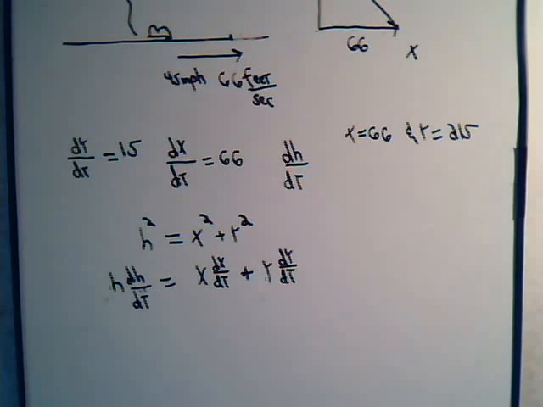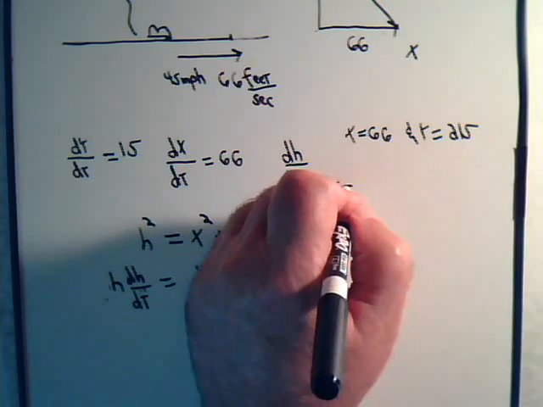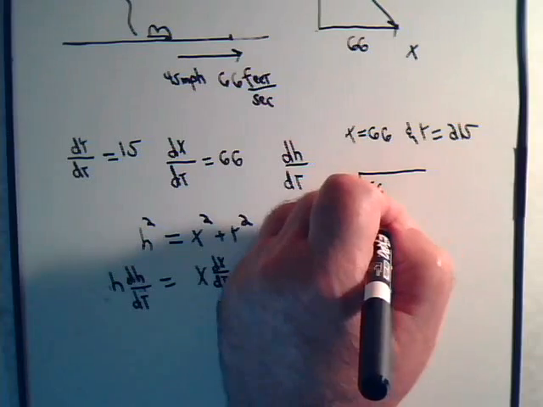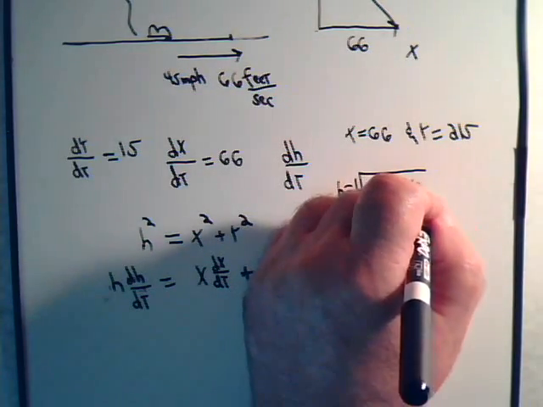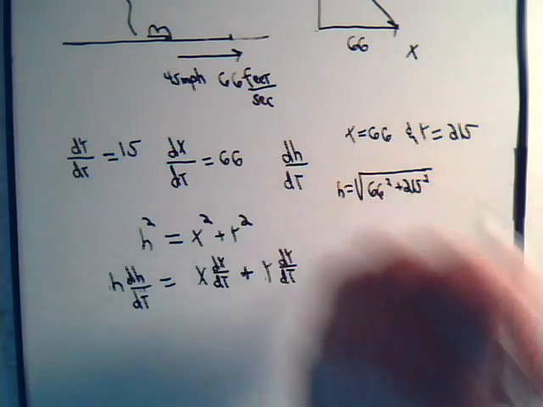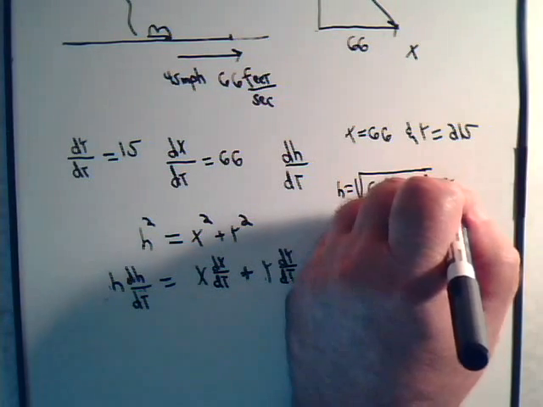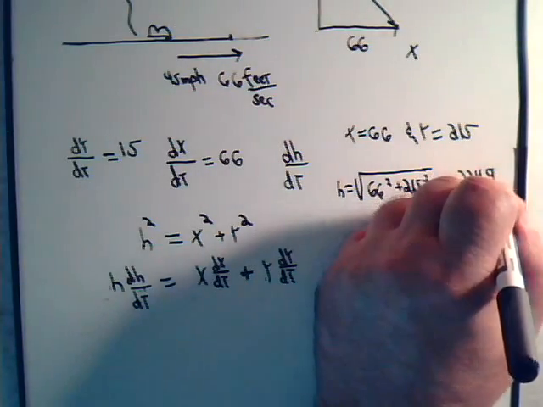So first, if x is this and y is this, h will equal the square root of 66 squared plus 215 squared, and that comes out to just not quite 225 feet. It's 224.9.